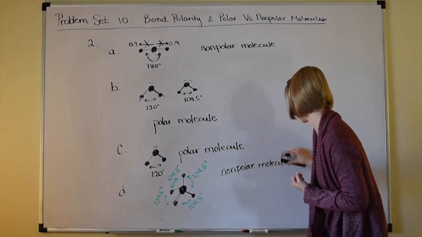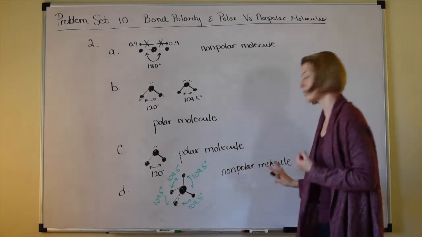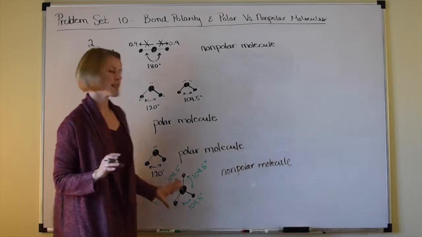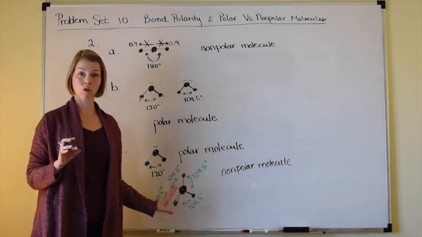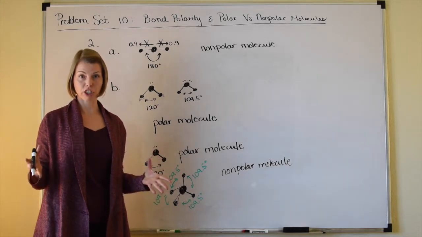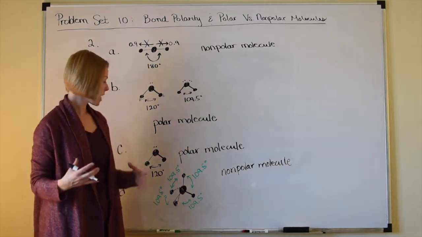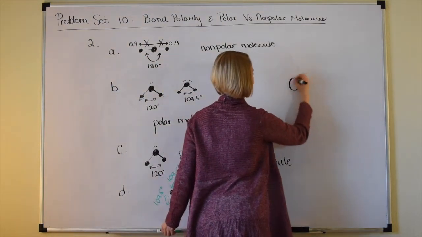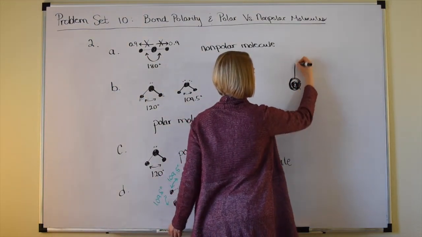Now, with that said, that's kind of messy there. I want to talk about that just a little bit more. The way I like to think of the tetrahedral being equal in magnitude and opposite in direction and therefore canceling out to 0 is that, let me redraw this up here nice and big.